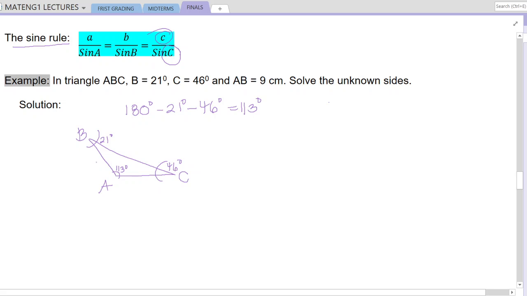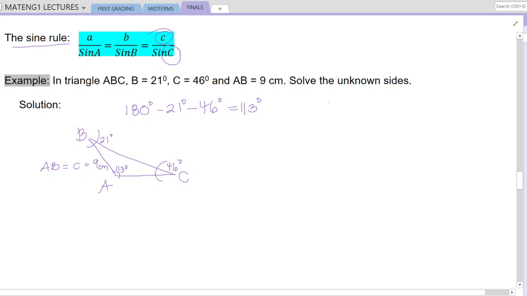Okay, so that is the opposite side of the angle C, which is 9 centimeters. Okay, so that is equal to small letter c, or that is equal to the line AB, or the side AB. Okay, so having that one, using sine rule, we have to use sine rule since we are given two angles and one side.